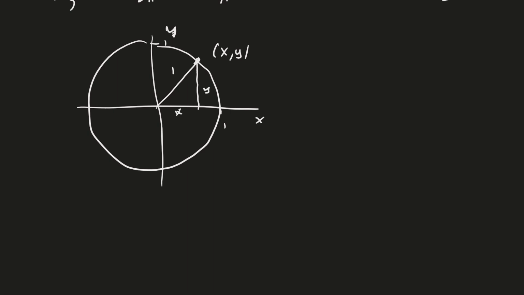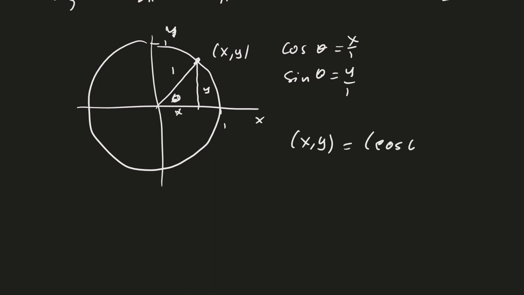And so if this is our angle theta here, then sine of theta is y over 1, cosine of theta is x over 1. So the ordered pair (x, y) you could actually write as (cosine theta, sine theta).